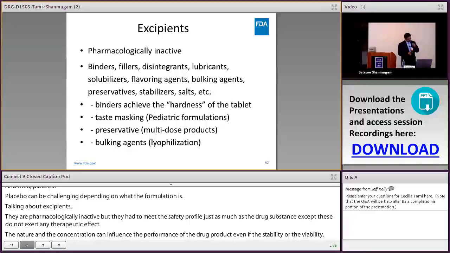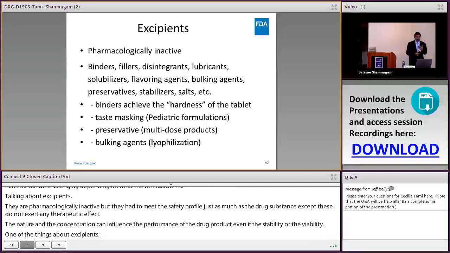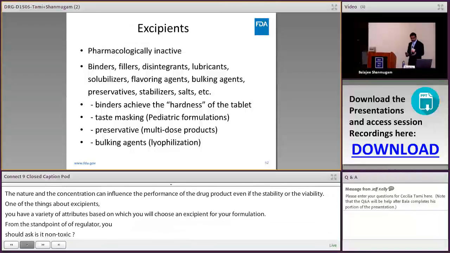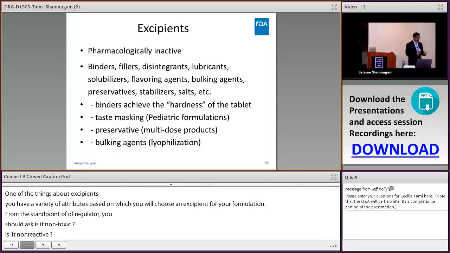So from the standpoint of a regulator, the first thing is it should be non-toxic, non-reactive, and stable. And then of course you have all the other attributes such as patient acceptability, and that kicks in more as the development progresses.